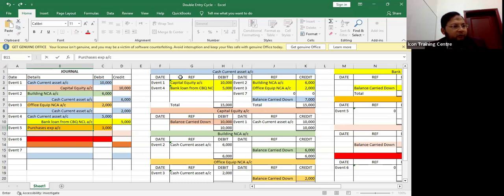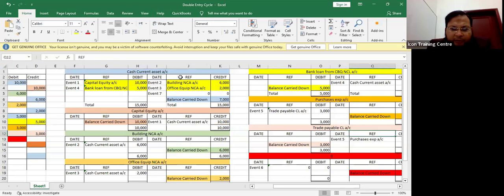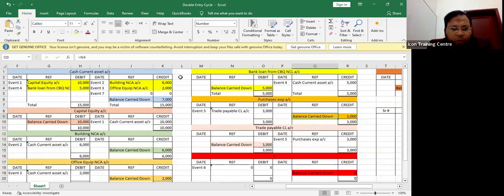The first effect is that your asset will be decreasing or your liability will be increasing. In this particular case, our liability is increasing. So we'll write here trade payable current liability account. Now you can see we have added two ledger accounts.